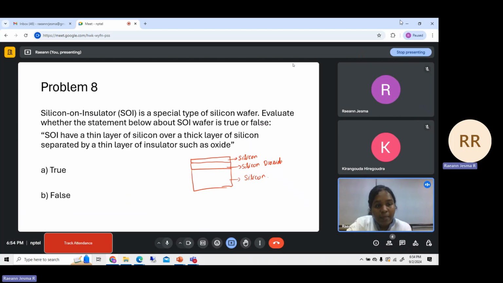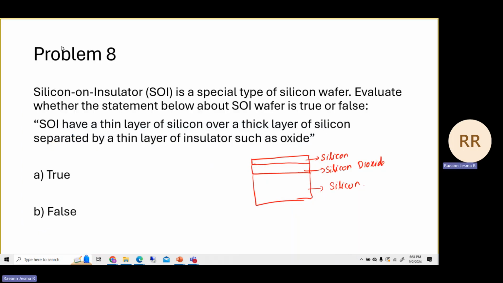So I'll repeat the question again. Problem 8 is that silicon on insulator, SOI, is a special type of silicon wafer. Evaluate whether the statement below about the SOI wafer is true or false. SOI has a thin layer of silicon over a thick layer of silicon, which is separated by a thin layer of insulator such as oxide.